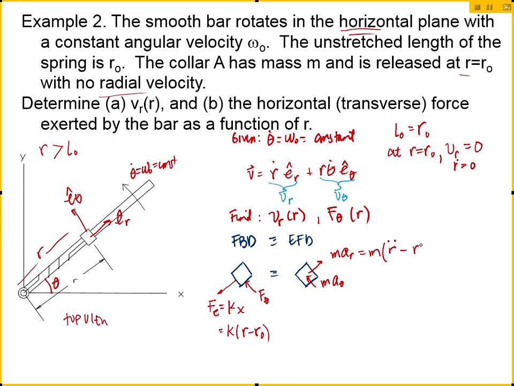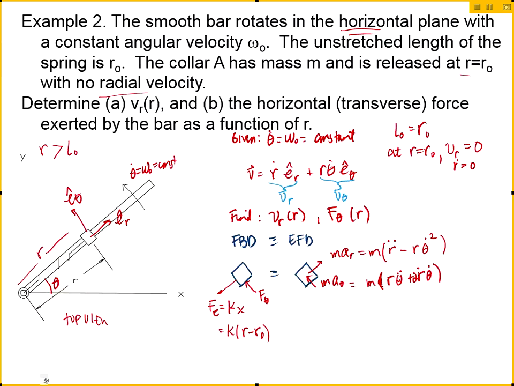R double dot minus r theta dot squared, okay, whereas the a_theta here can be expressed as what? R theta double dot plus 2 r dot theta dot, okay.